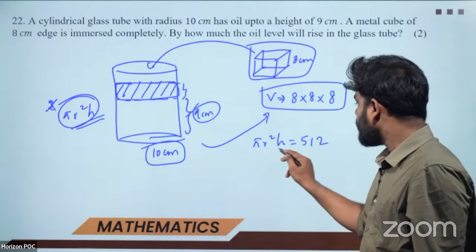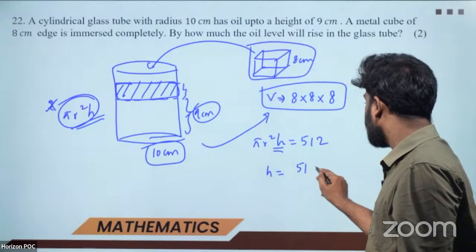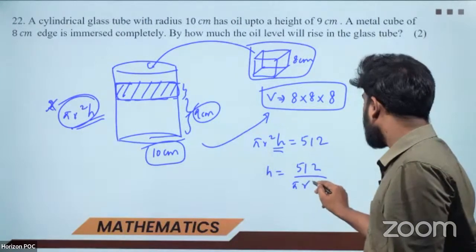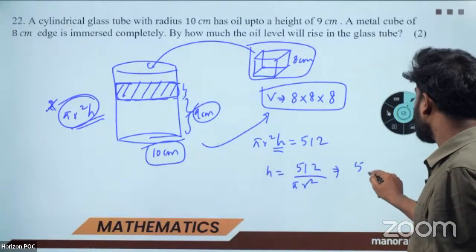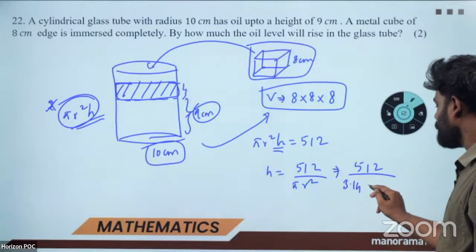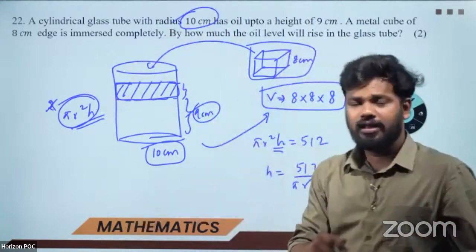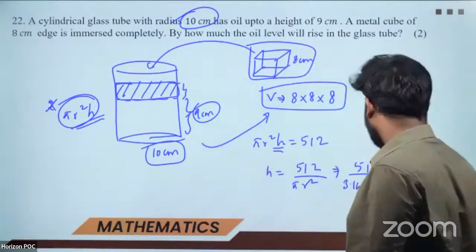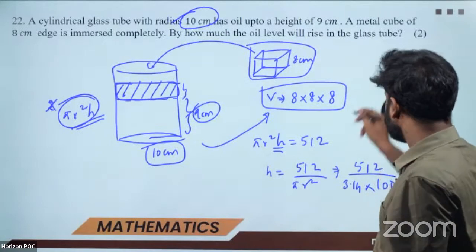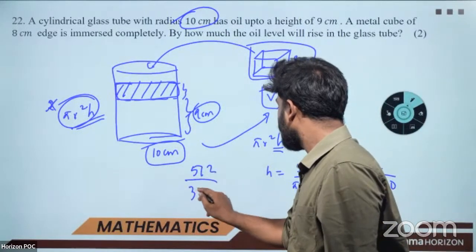What is h, the increase in height? h will be equal to 512 divided by pi r square. I'm taking pi as 3.14. Because the radius is 10 centimeter, r square is 100. So that gives us 512 divided by 314.